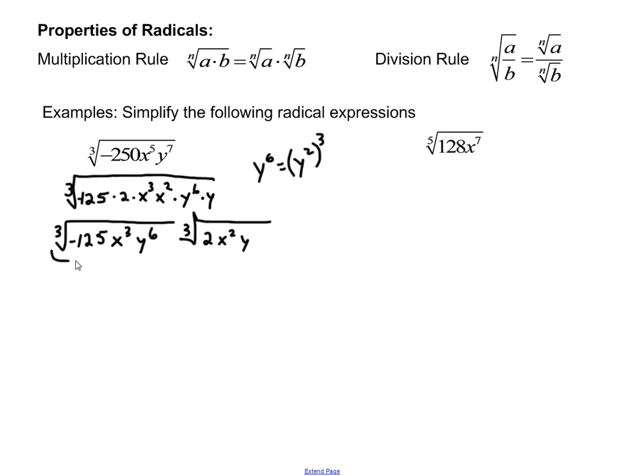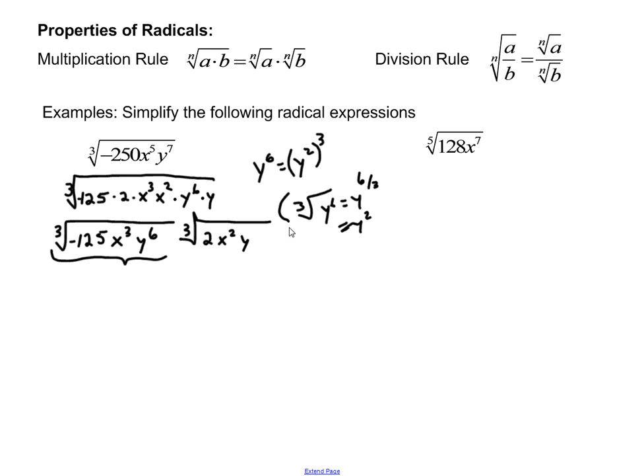Now everything under this radical can be reduced, right? If you recall, all we were really doing in the last section was saying that the cube root of y to the sixth is really the same thing as y to the 6 over 3 power, and that becomes y squared.